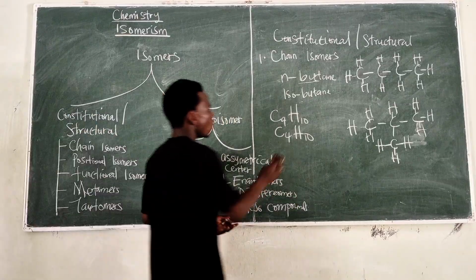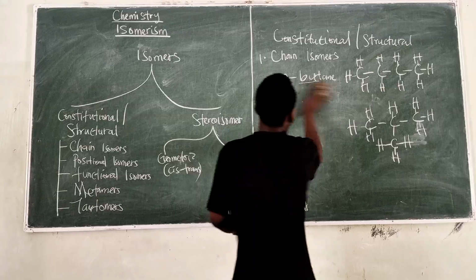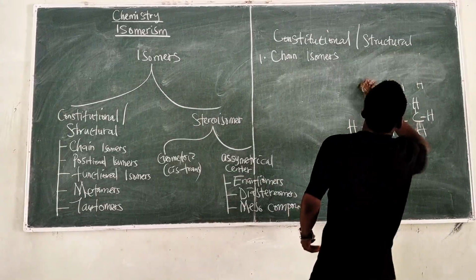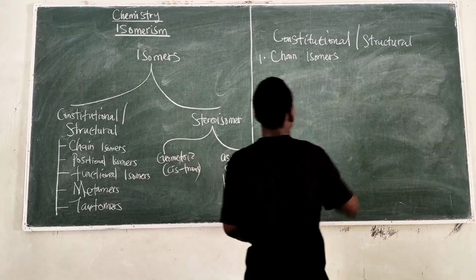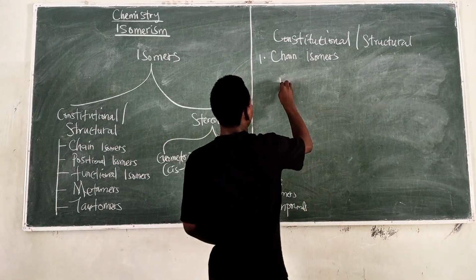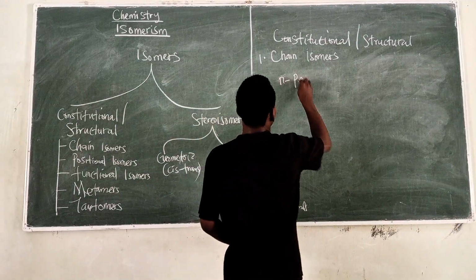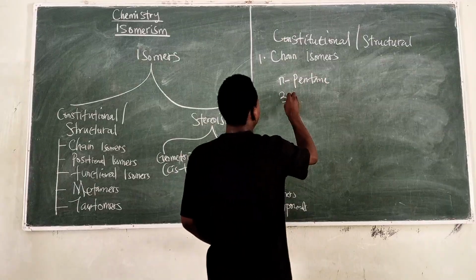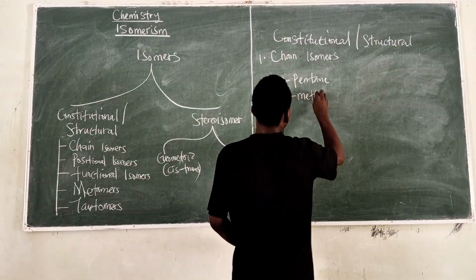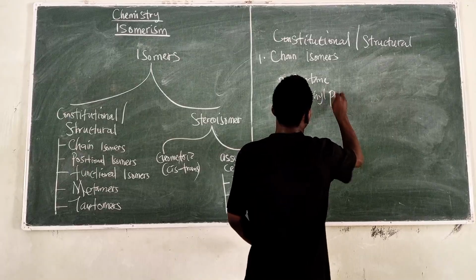Also, another example of chain isomers is n-pentane and 2-methylbutane.